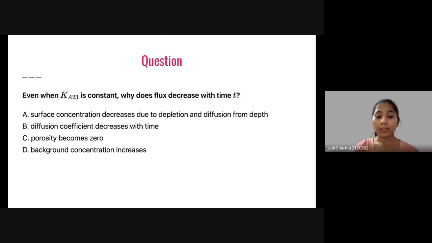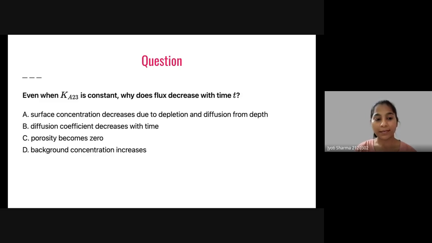Okay. The next question is, even though capital K A23 is constant, why does flux decrease with time t? Surface concentration decreases due to depletion and diffusion from depth. Diffusion coefficient decreases with time. Porosity becomes 0. Background concentration increases.